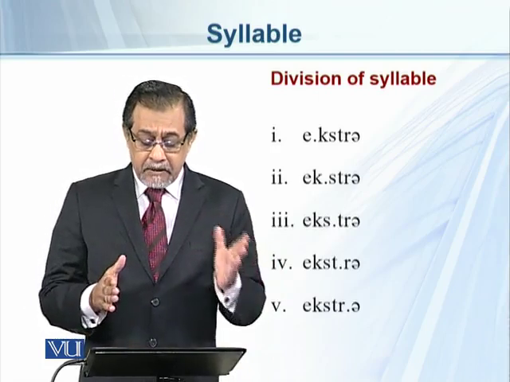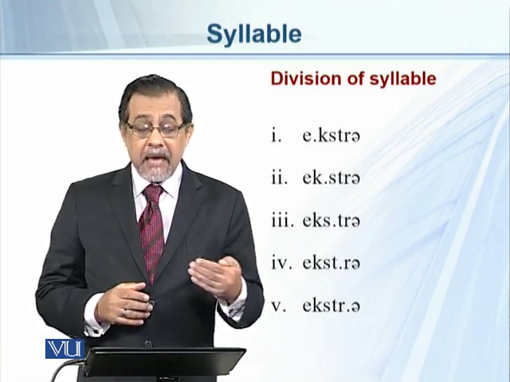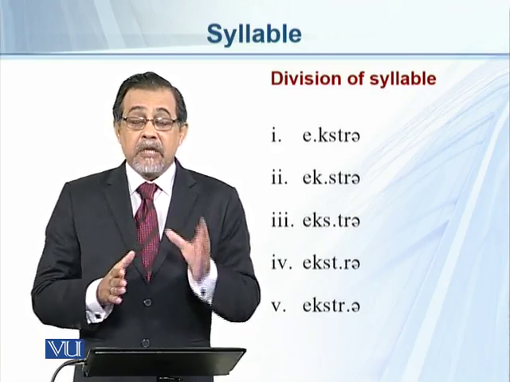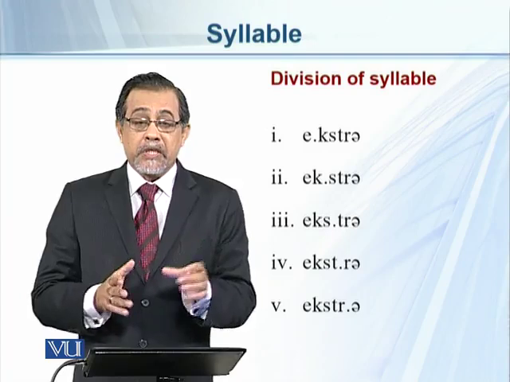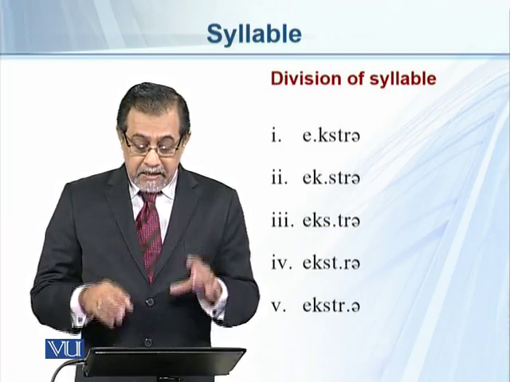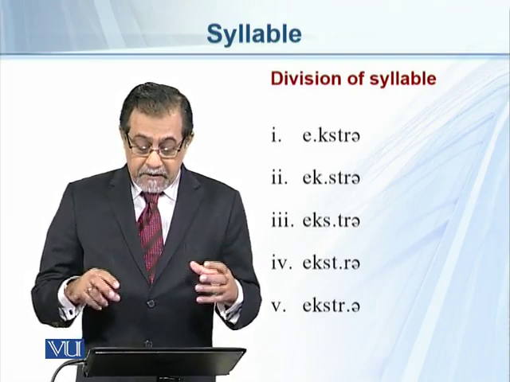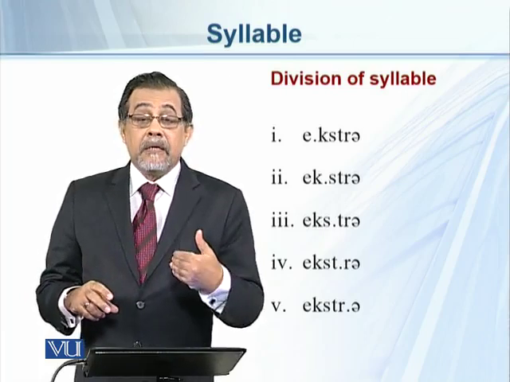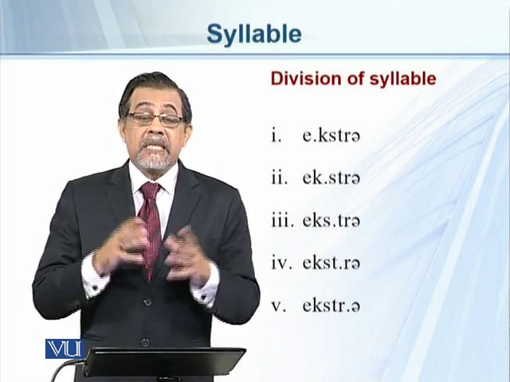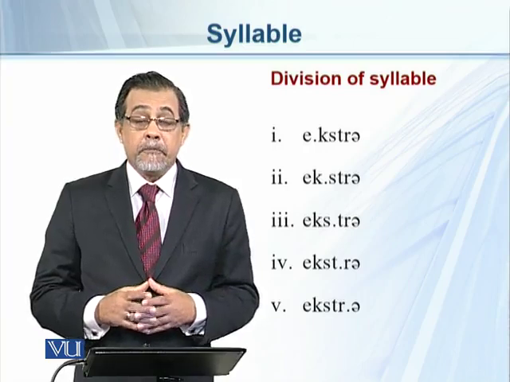If we look at the five possibilities, we can say that the first is not possible because the second syllable has a group of consonant sounds which are not possible in the English language. Similarly, in the fifth possibility, we have a final consonant in the first syllable. This again is not possible, so we have to consider the second, third, and fourth possibilities.